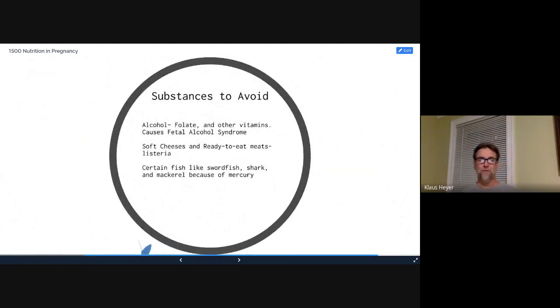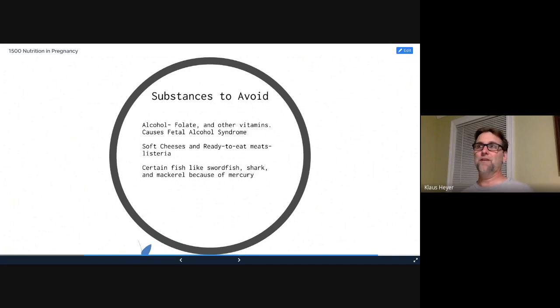And what do you avoid? I've already talked about this a little bit. Alcohol, because it interferes with so many vitamins, but folic acid being the principal vitamin that it inhibits. So that's going to lead to fetal alcohol syndrome. But there's other vitamins too, like thiamine, for example. Soft cheeses, packaged meats, anything that has a chance of having listeria. That's the issue behind soft cheeses. And then fish that you might not ever eat, but who knows?